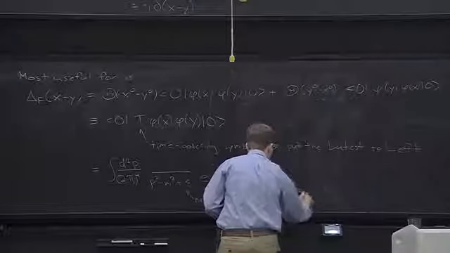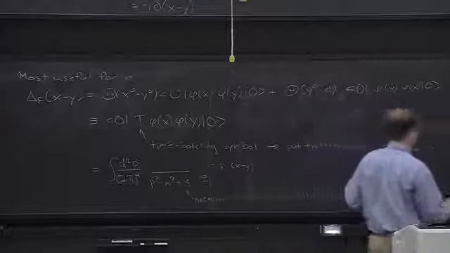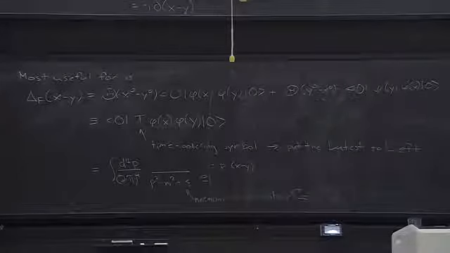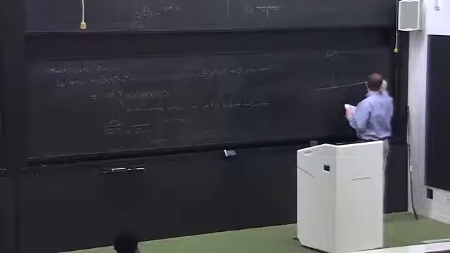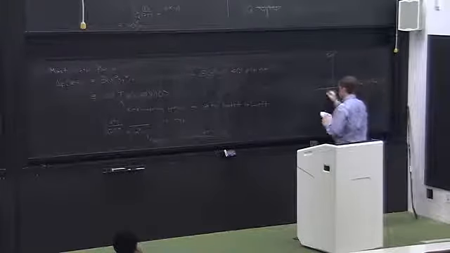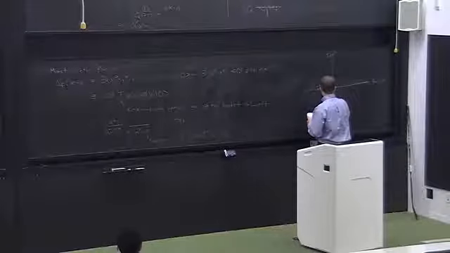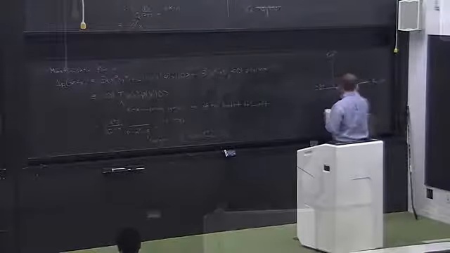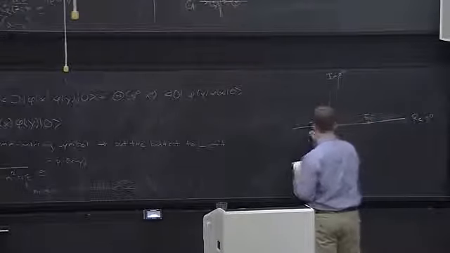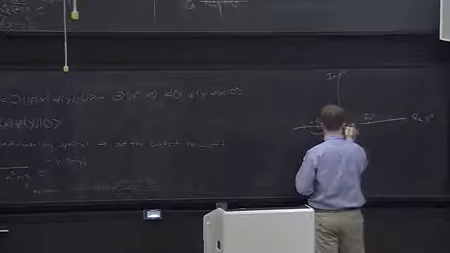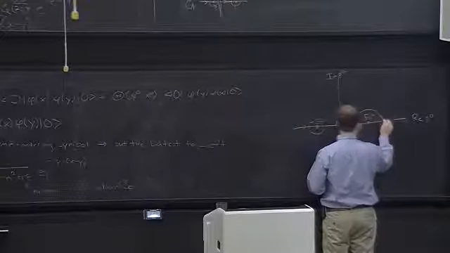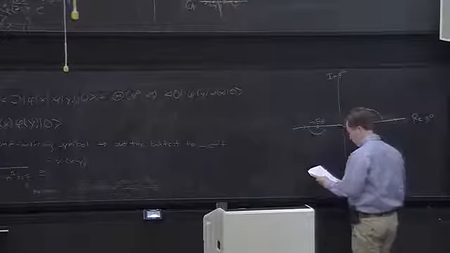I'll call it C_F. The Feynman contour in the complex p0 plane goes around the two poles at plus and minus E_p in the following way. So first it goes below the pole at minus E_p, and then it goes above the pole at plus E_p.